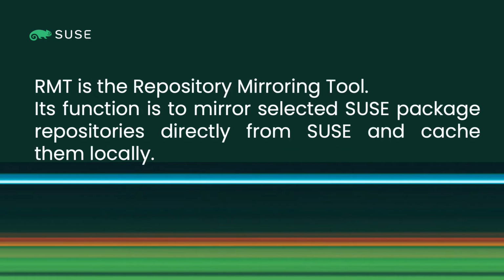First, what is SUSE RMT Server? RMT stands for Repository Mirroring Tool. Its function is to mirror selected SUSE package repositories directly from the SUSE master repository and cache them locally for more efficient distribution. A second optional function of the RMT server is to be a registration proxy on behalf of the SUSE Customer Center or SCC.